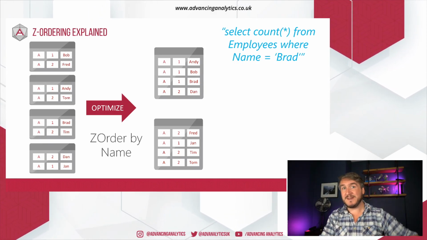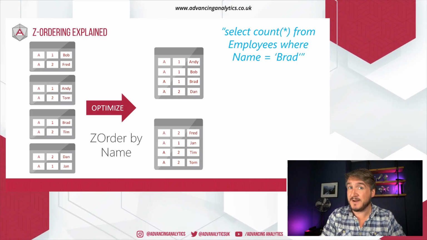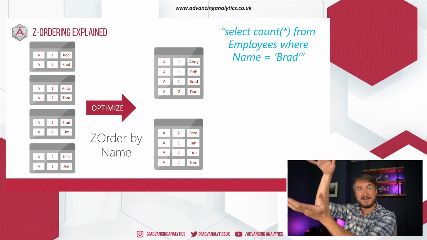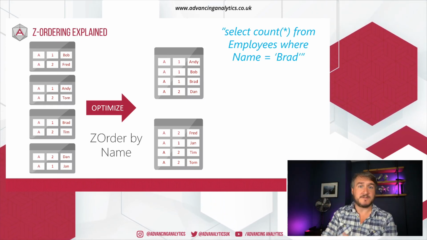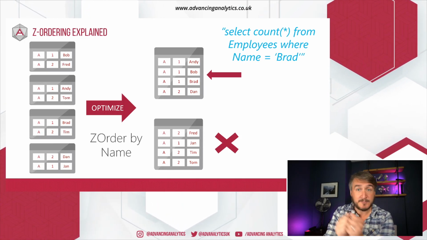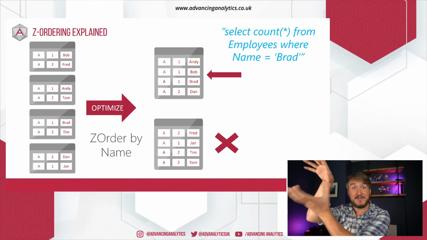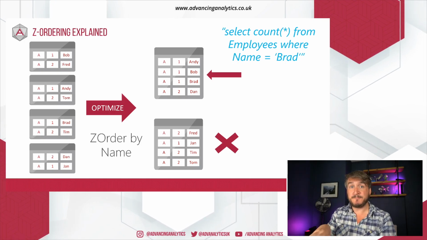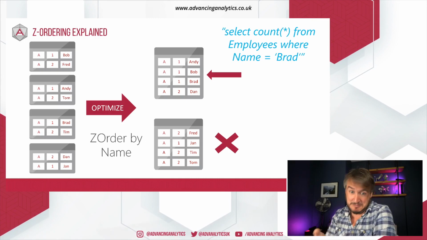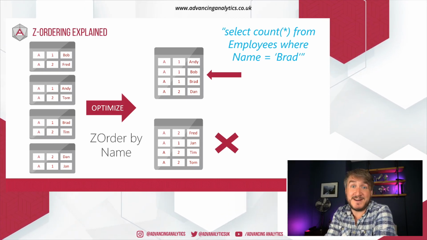But you can see the ordering of which records it has decided to put in each of those files is based on the column I Z ordered by. So I've now got Andy to Dan in one file, and then Fred to Tom in another file. And so when I run my query, it goes, well, I don't need to look in the second file because I'm looking for Brad. It's definitely going to be in that first lot, not in the second one. So obviously, the column that you Z order by really impacts how well you're going to find your data.